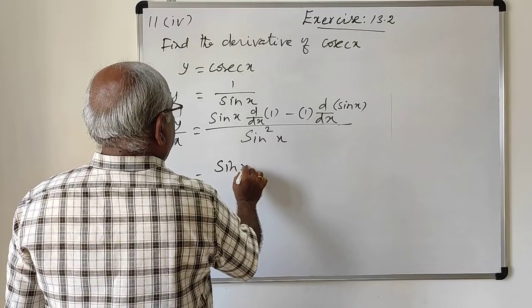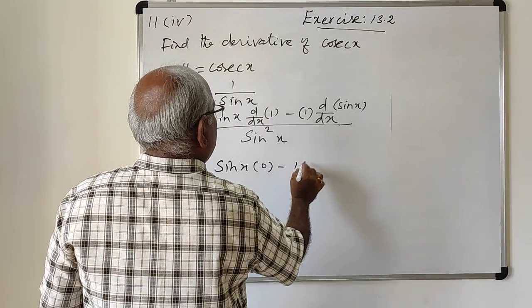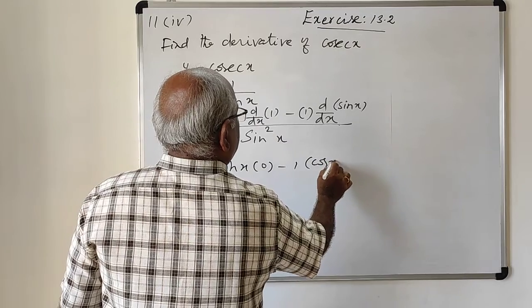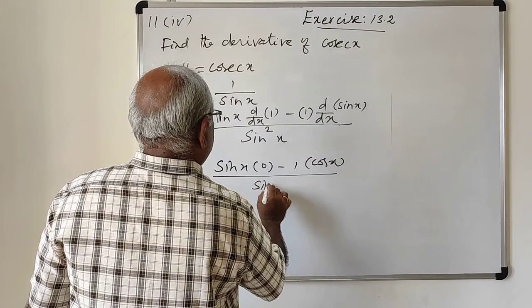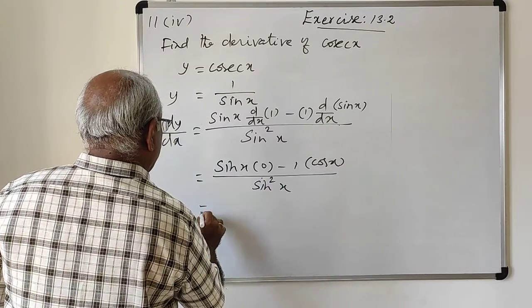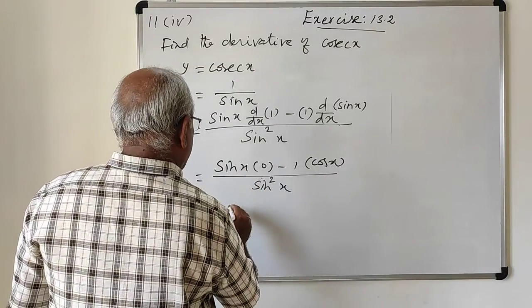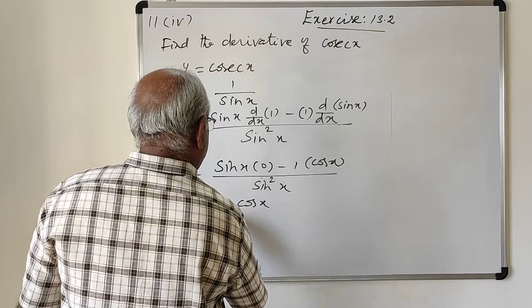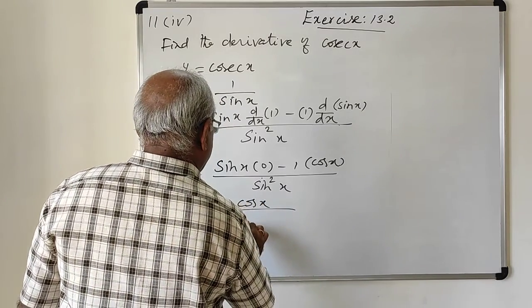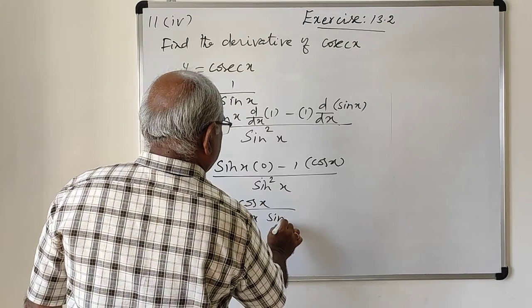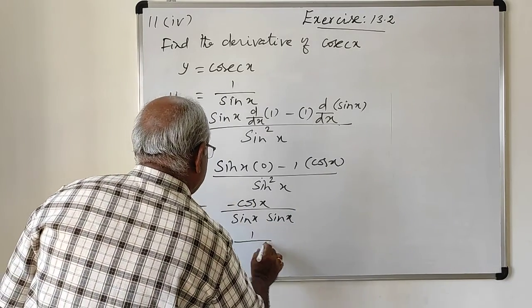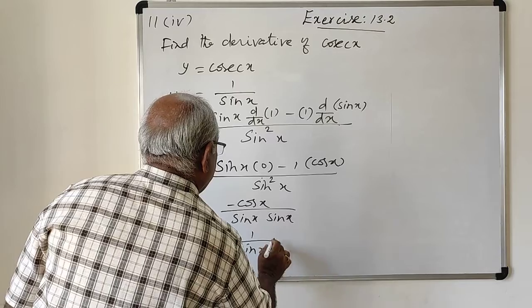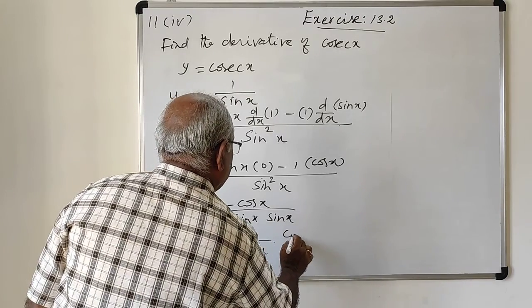So in the numerator we get sin x into 0 minus 1 into derivative of sin x, which is cos x, by sin square x. So 0 into sin x is 0. You get minus cos x by sin square x. I can write it as sin x into sin x. That is minus, I split this as 1 by sin x into cos x by sin x.